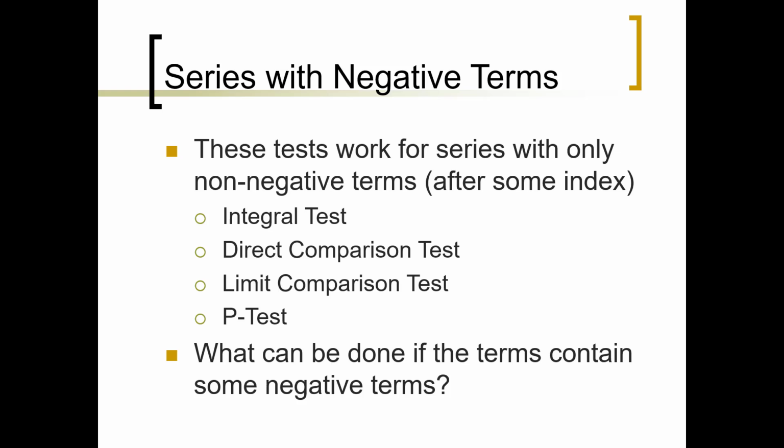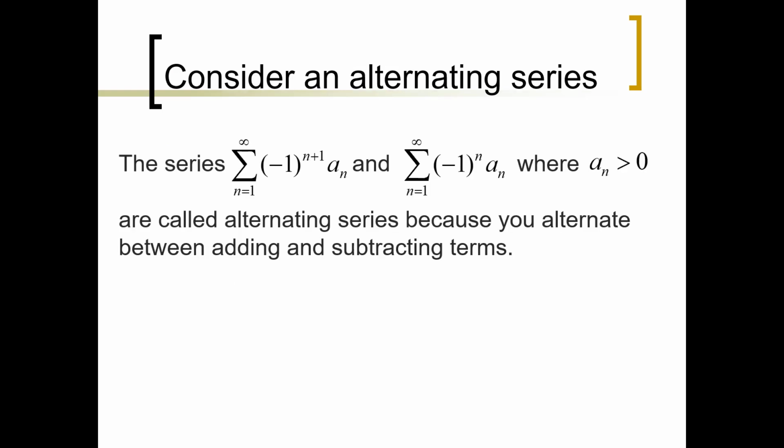But what if the series has an infinite number of negative terms? So you're adding and subtracting terms in different orders. Let's consider a particular series that has an infinite number of negative terms that you're adding to the positive ones. One such series is where you add, then subtract, then add, then subtract, and so on. Or you subtract, then add, then subtract, then add, and so on.